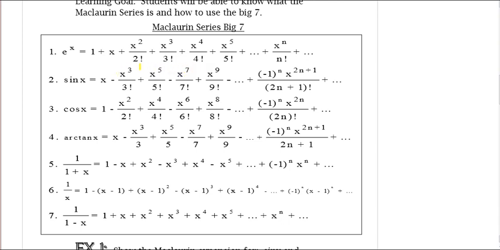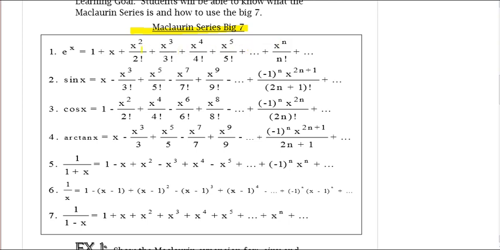So basically, if we memorize this formula, like e to the x is equal to 1 plus x plus x squared over 2 factorial plus x cubed over 3 factorial plus dot dot dot x to the n over n factorial plus dot dot dot. This is the actual expansion of the Maclaurin for it. These are the 7 that are most commonly seen on different exams.